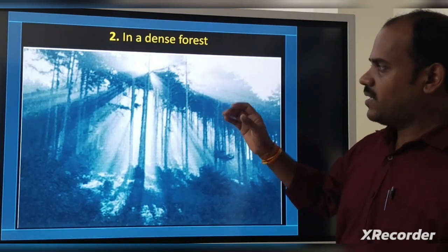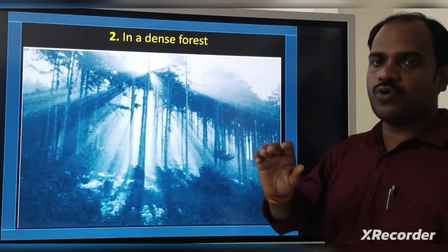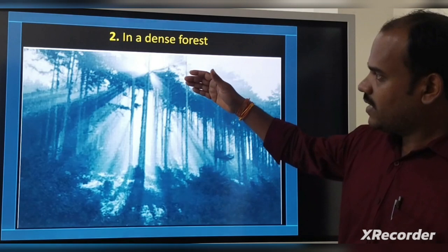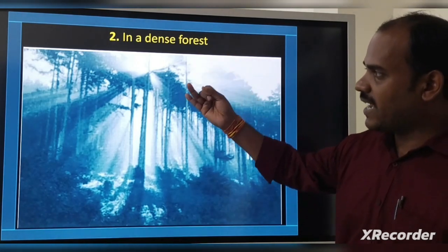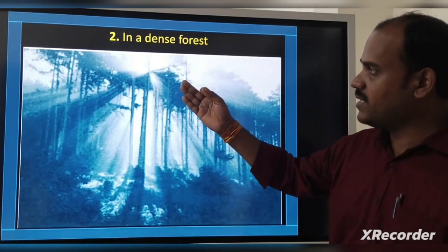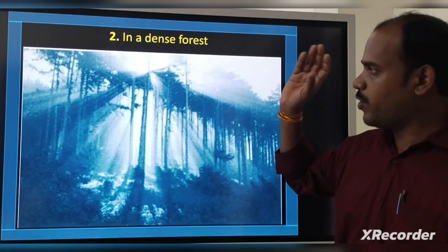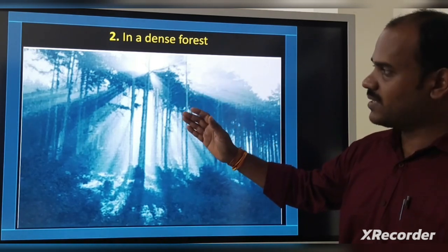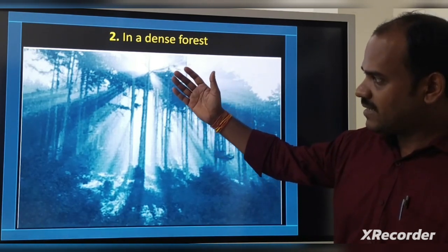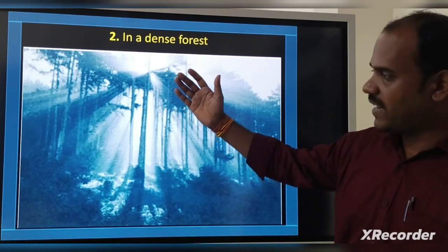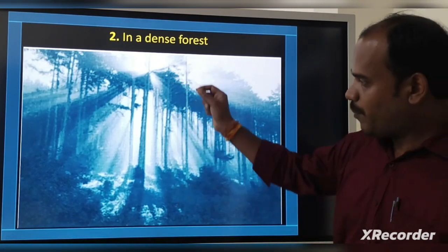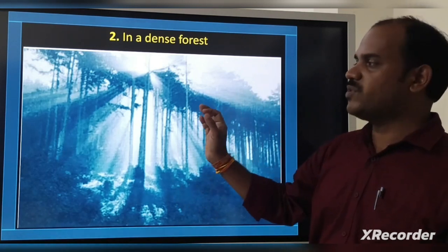At sunrise, the intensity of light is not so much. So because of the leaves, the stems, or some obstructions in the path of light, the light is coming, but the intensity of light is very poor. So the path of light becomes visible.